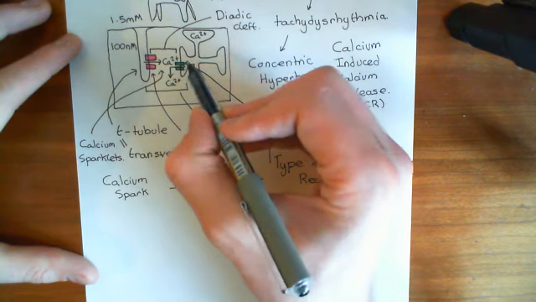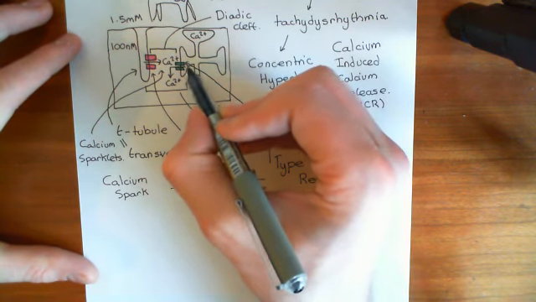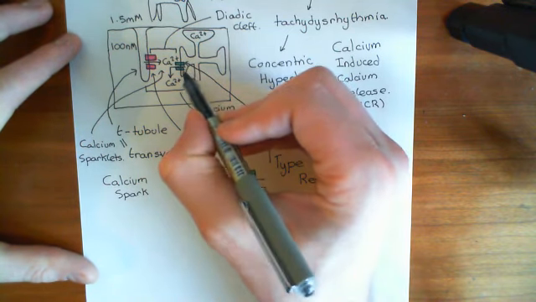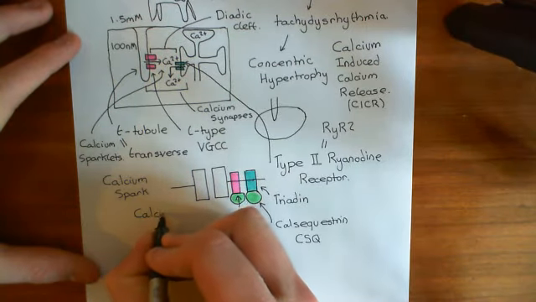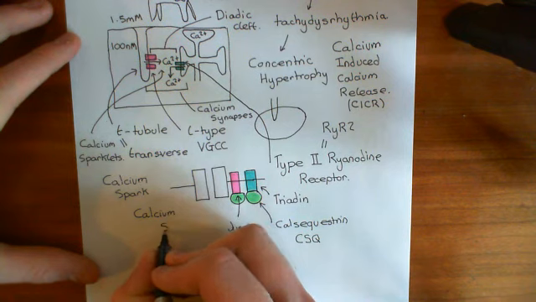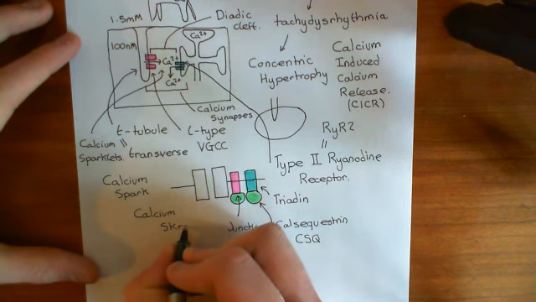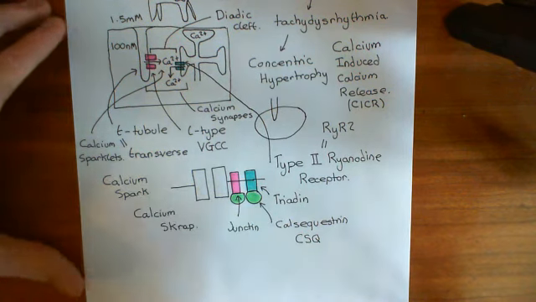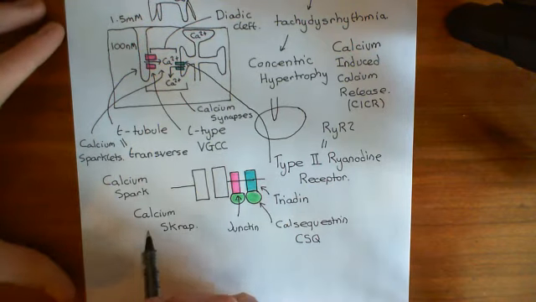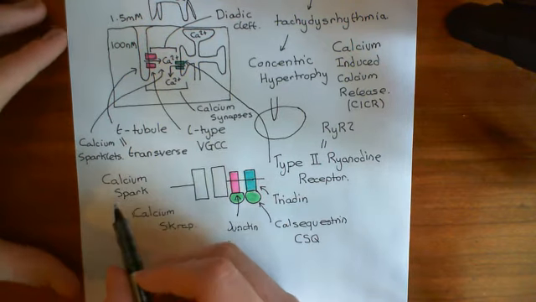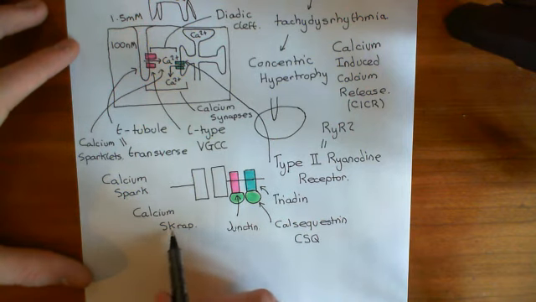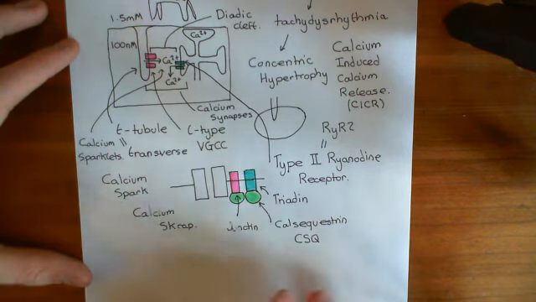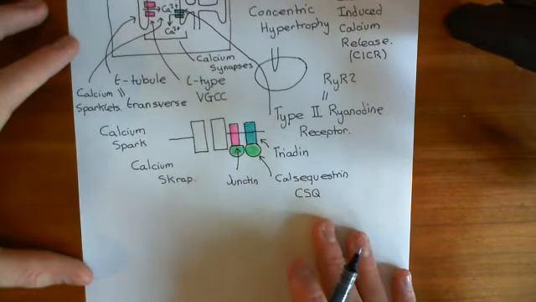And the name for that process is a calcium scrap. So when the calcium is released from the SR lumen, it means that the calcium in the SR lumen goes down, and this is what's known as a calcium scrap. And you'll notice they just took the last 4 letters of spark, spelt them backwards to get crap, and put the S on the front to make calcium scrap.